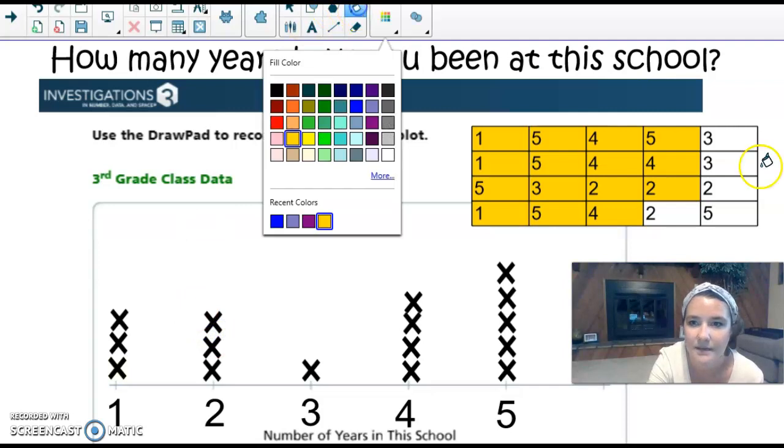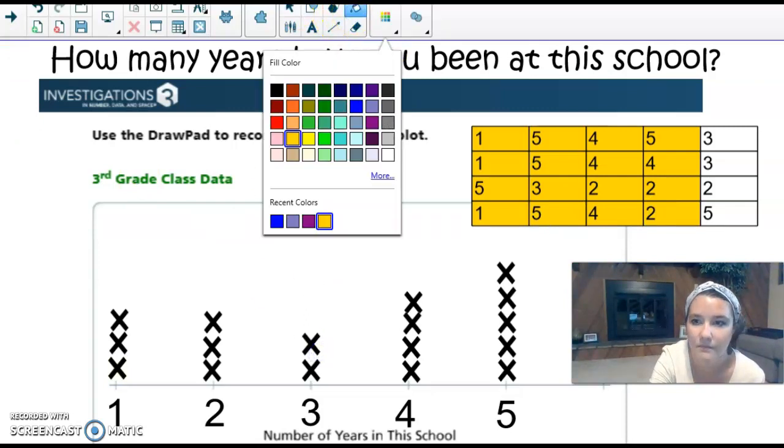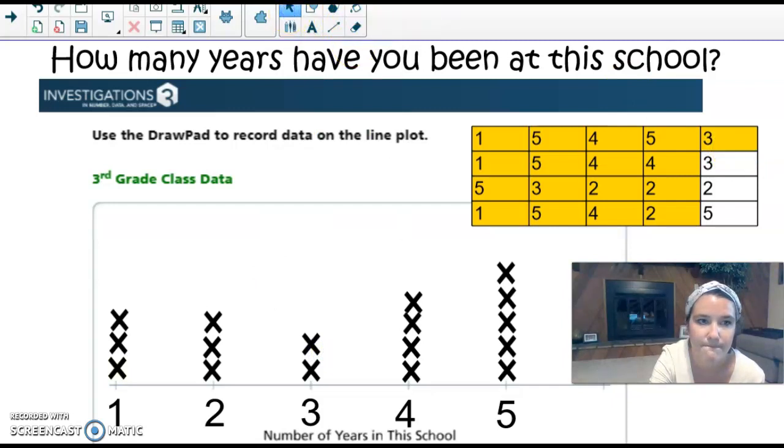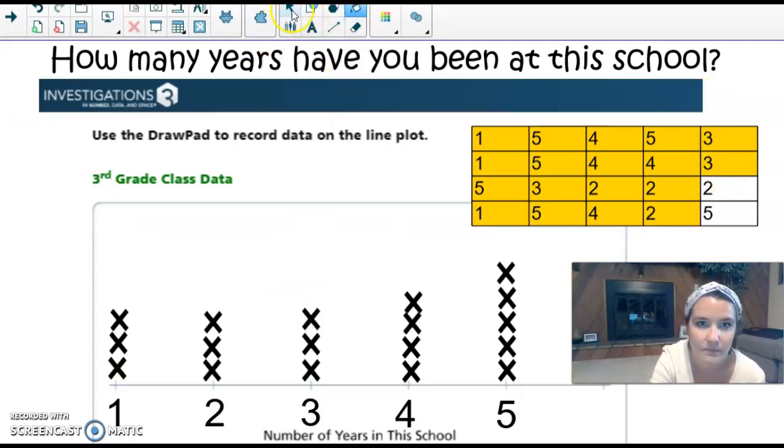Now we're getting some data in other places. Okay. All right, one more. All right, so our data is on the line plot.